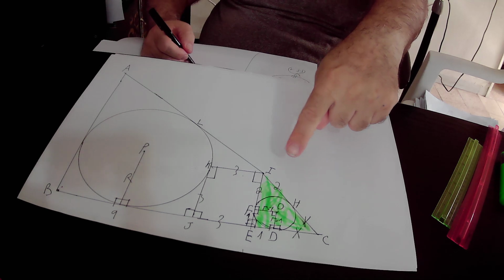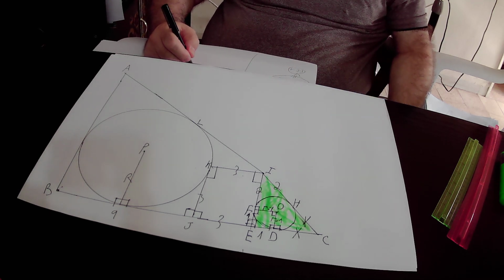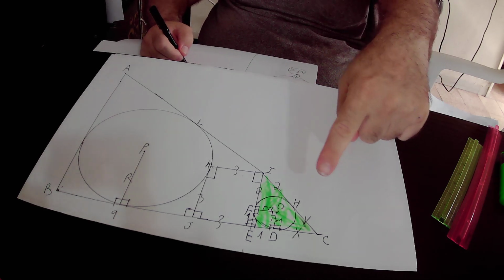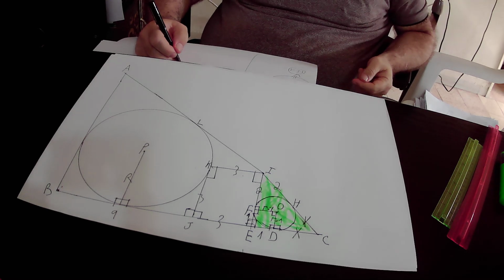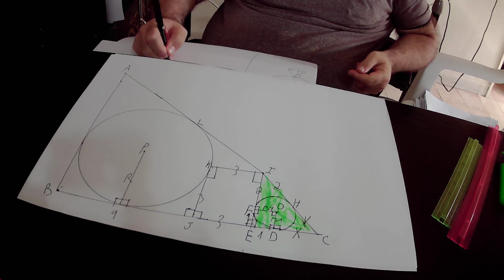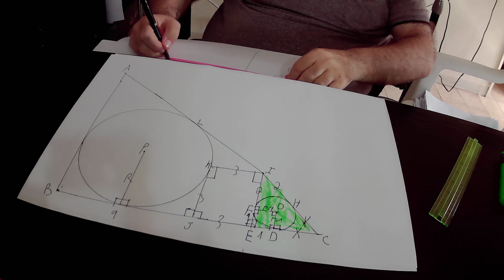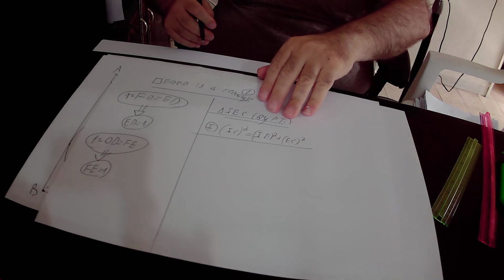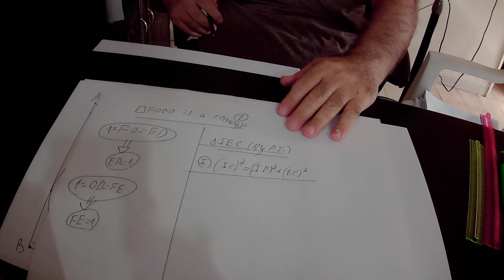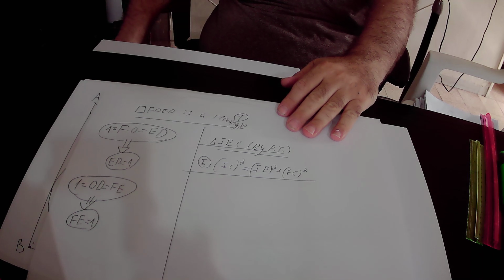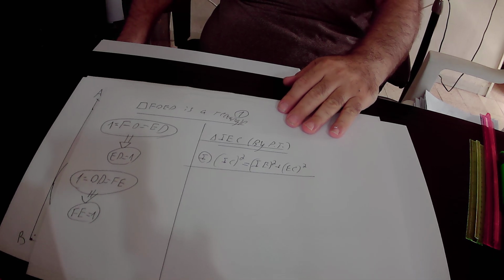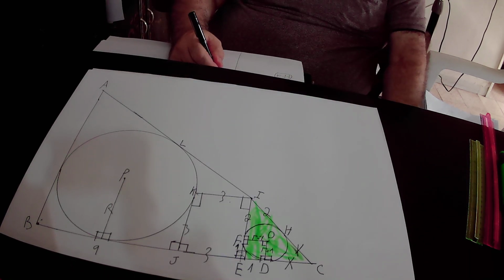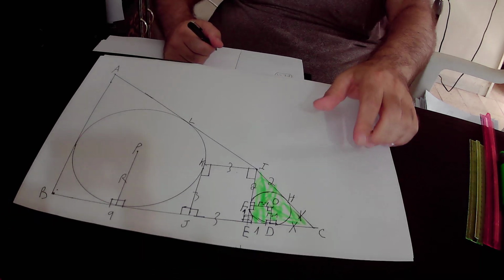That is to say, it must be equal to IE squared plus EC squared. We'll repeat again: in the right green triangle IEC, according to the Pythagoras theorem, IC squared equals IE squared plus EC squared. So, what is the value of IC?